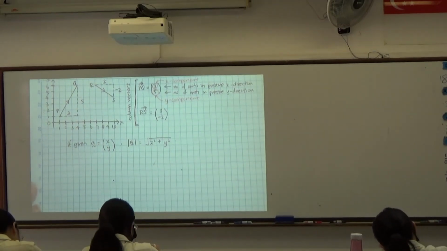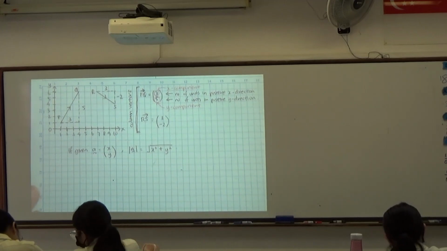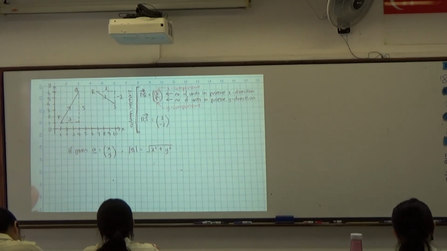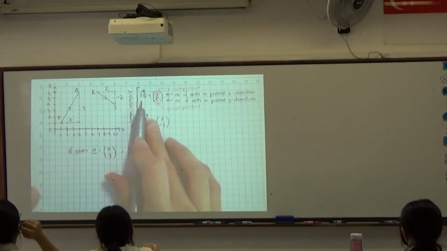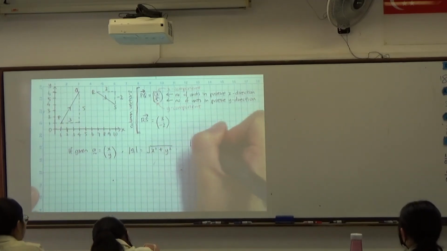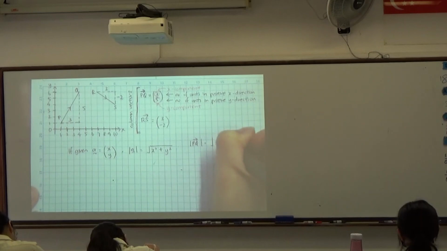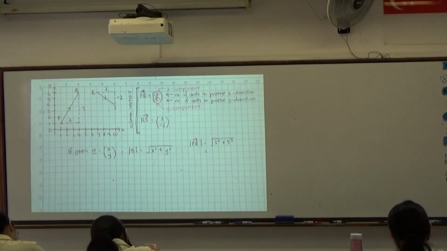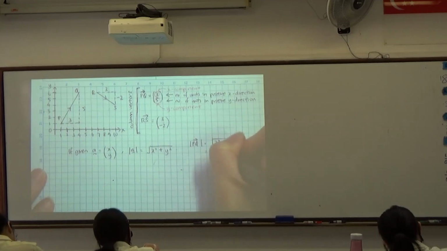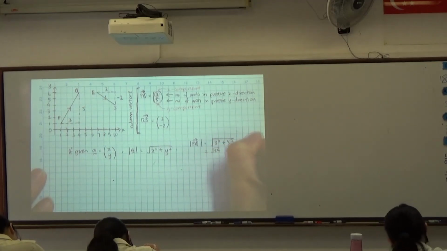So this helps us to find the magnitude. The magnitude of PQ will then be square root of 3 squared plus 5 squared. That will give us 9 plus 25, so square root of 34 units.